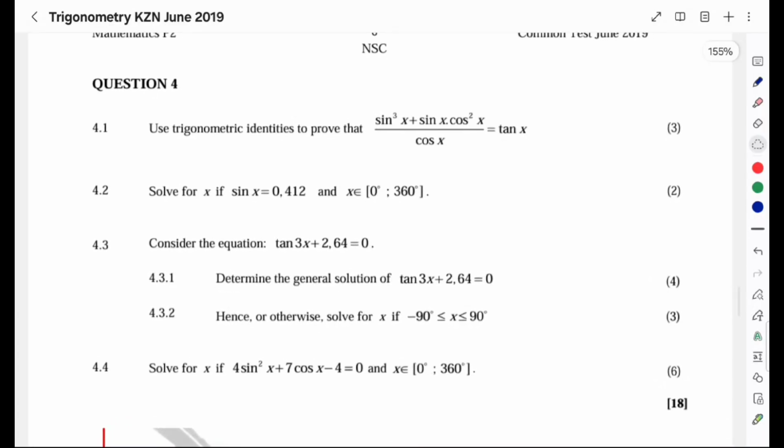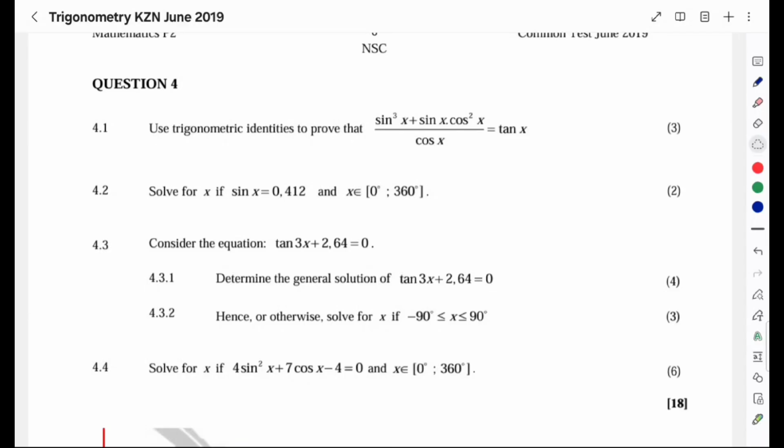Consider the equation tan 3x plus 2.64 is equal to 0. Determine the general solution of tan 3x plus 2.64 is equal to 0. So the first thing we are going to do when finding the general solution is to solve for the ratio. We need to get tan 3x is equal to something.